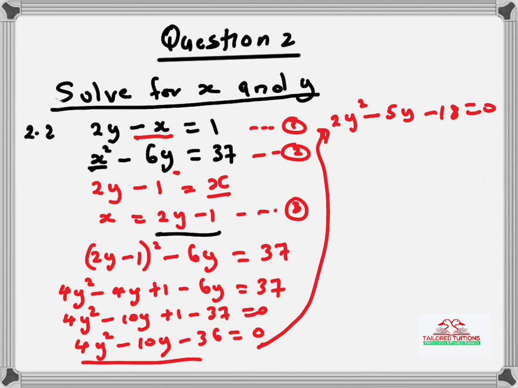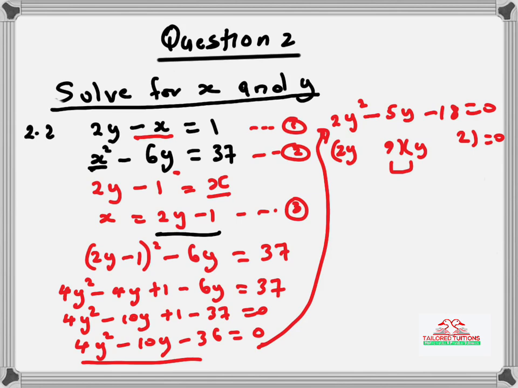Alright, now the factors here are factors of 2y, going to be 2y and y, and the factors of 18 that can give us a minus 5. Because we are subtracting, we have 2 and 9. So if we put 9 here and 2 here, let us check.